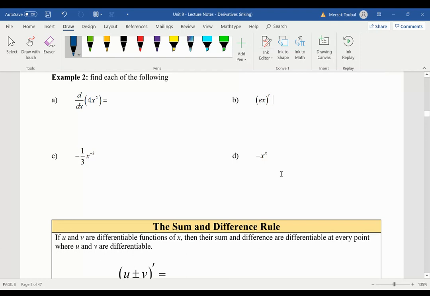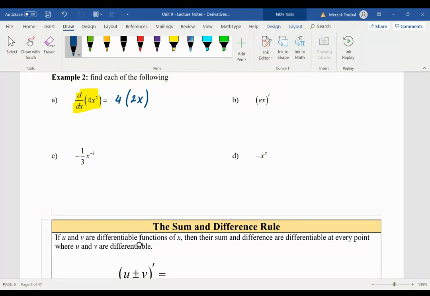Here's an example. Example 2a. Find each of the following. Derivative of 4x squared. As I said, there is a 4 there. We're going to hold on to it. Derivative of x squared is 2x. You can apply the formula.